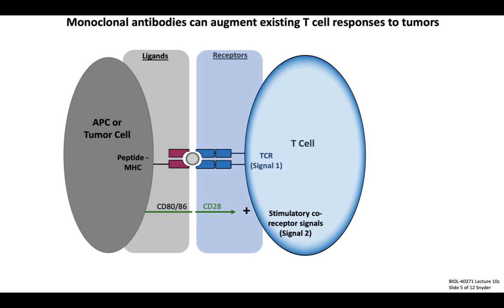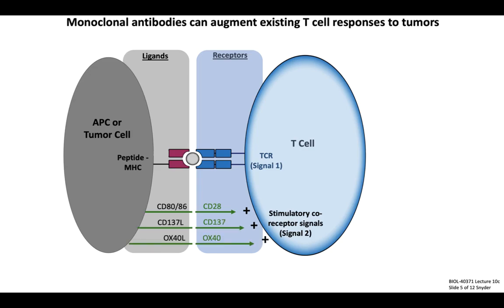However, the T cell cannot become fully activated unless it also receives a co-stimulatory signal through a receptor like CD28, which recognizes CD80 or CD86 expressed by the APC. This is considered signal 2 of T cell activation, and we're used to thinking about it being produced by APCs that are presenting peptide to initiate effector T cell activation.